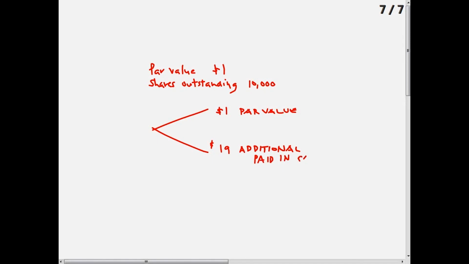Okay, so this company would have two lines where Apple only had one. One would be common stock, and it would just say $10,000. And the other would be additional paid-in capital, okay, for the other 19.